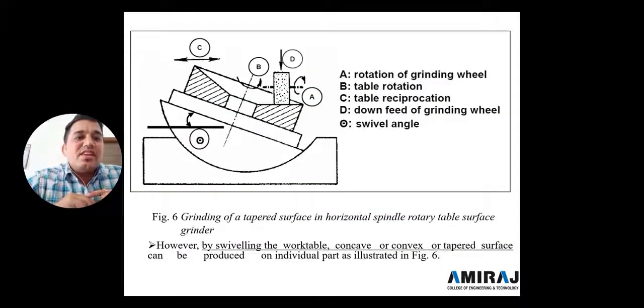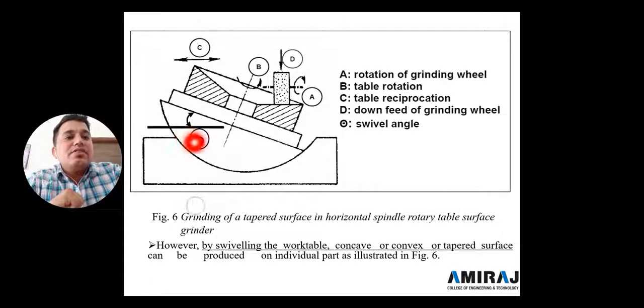Next one. Particularly in this category, if we want to do angular grinding, meaning slotting grinding, then a special purpose tool is used, and the grinding arrangement is here. A is the rotation of the grinding wheel as shown in the figure. Table rotation is particularly angular, that's why we are using the last category, a swivel angle.